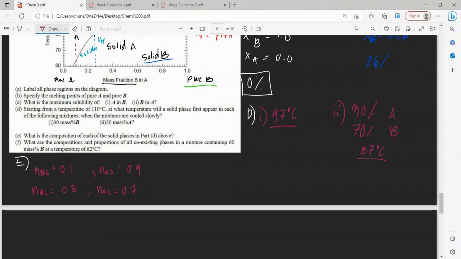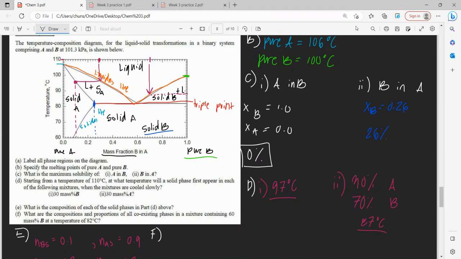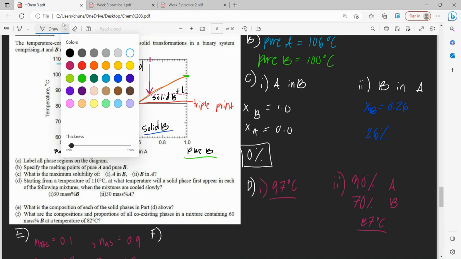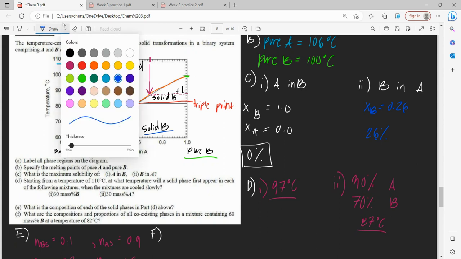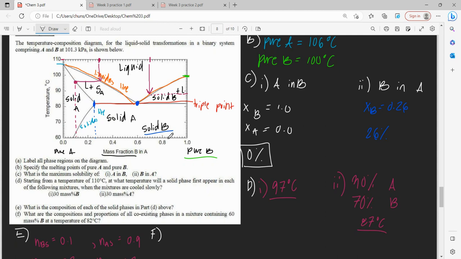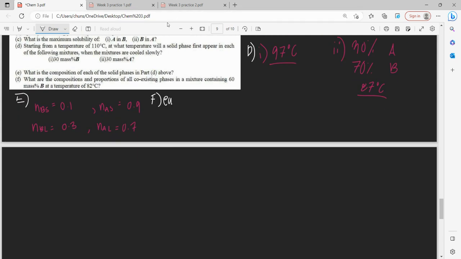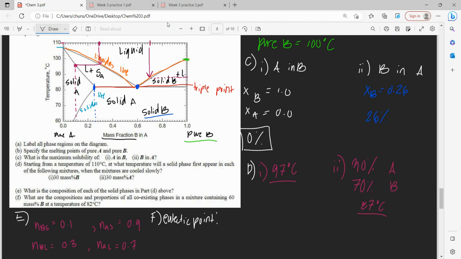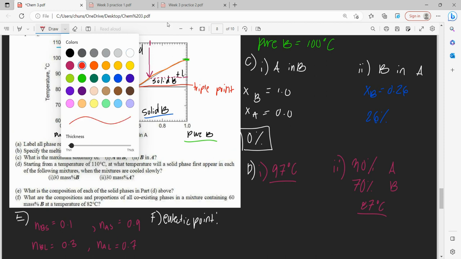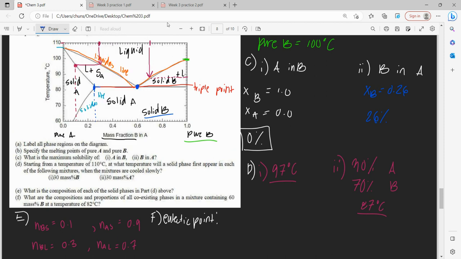So for our final portion of part F, let's first find the point that we're given. So 60% mass B at a temperature of 82. And when read, that brings us to our eutectic point. So basically our process is the same that we did for part E. We're going to read to each end of our bounds, and then we're going to read down.